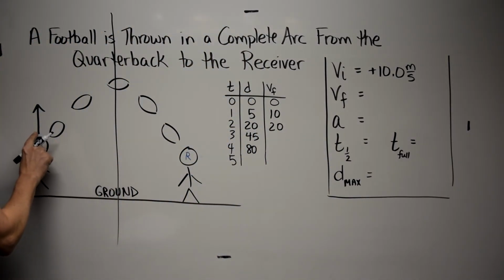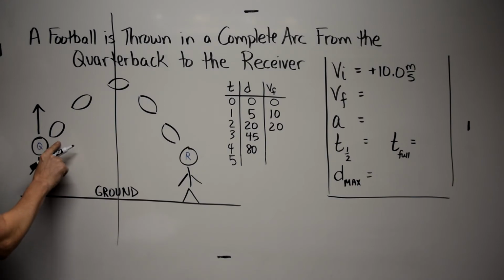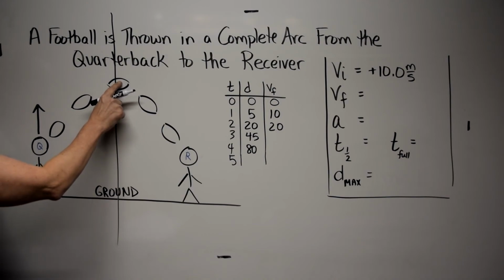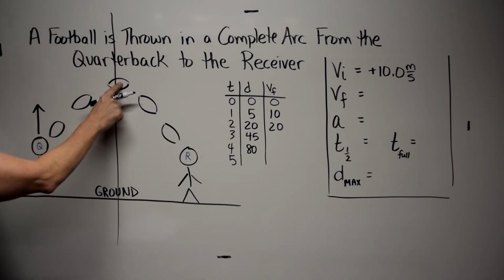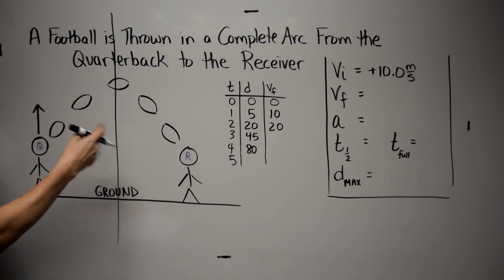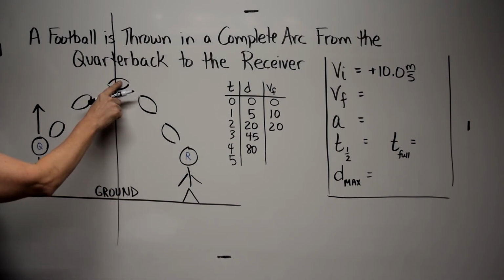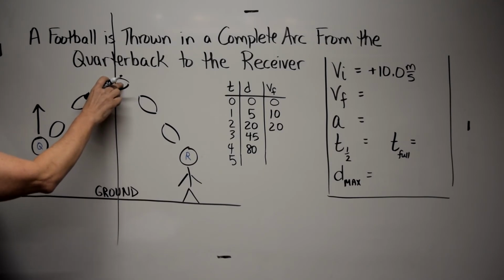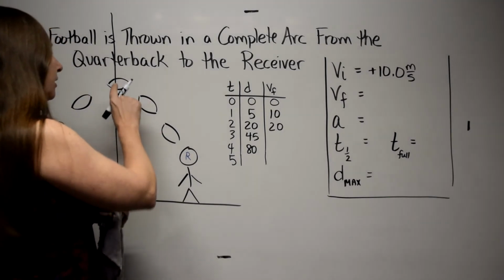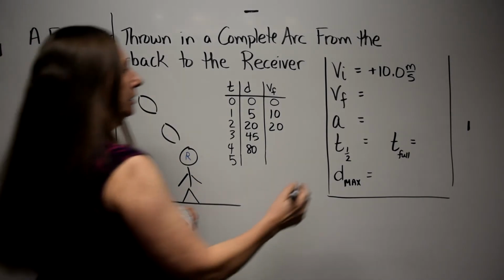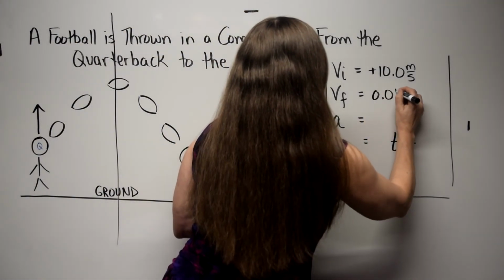Now, in the beginning, the football has an initial velocity upward. When it gets to here, does it go up anymore? No. Why not? Because the upward velocity here is 0. It's not going up anymore. At this point, halfway, the final velocity is 0.